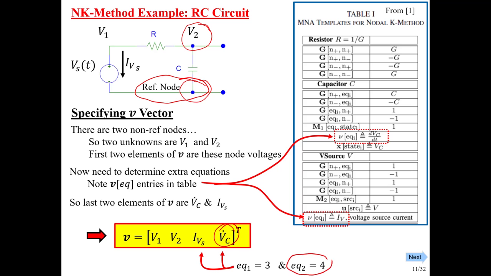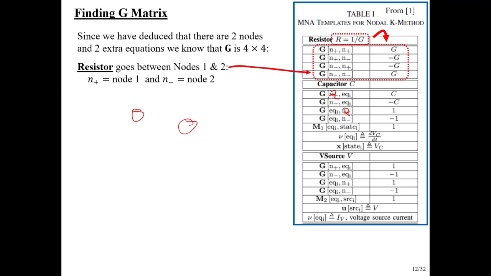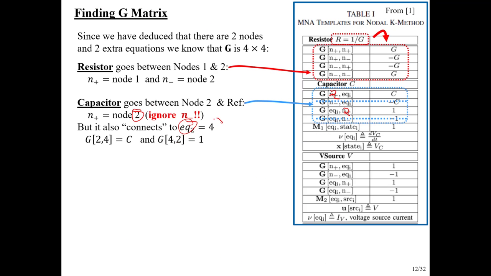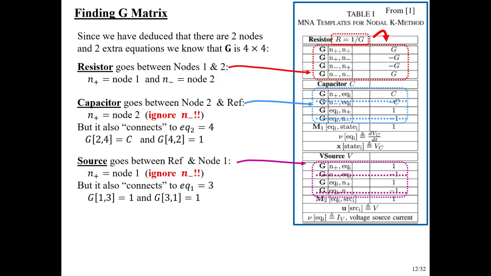That's EQ2 is equal to 4. And so that's what's going to be the other one. So I'm going to have a 2, 4 and a 4, 2. So 2, 4, I put in a C. 4, 2, I put in a 1. And now those are my elements from the capacitor.